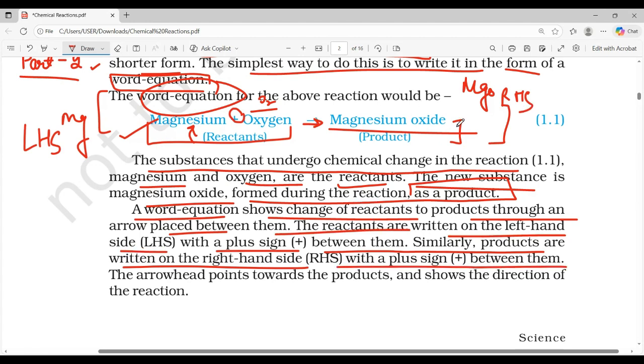Here there is no plus sign since there is nothing left; this is only one product. But if something more is produced during the reaction, then we'll write plus and so on. Okay.